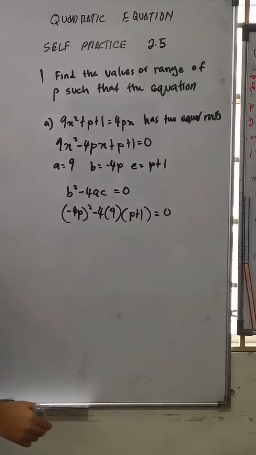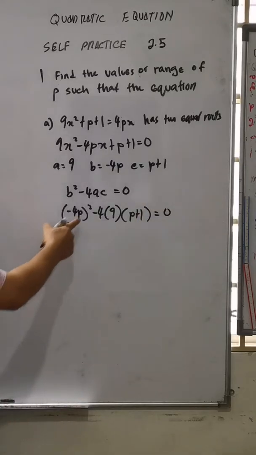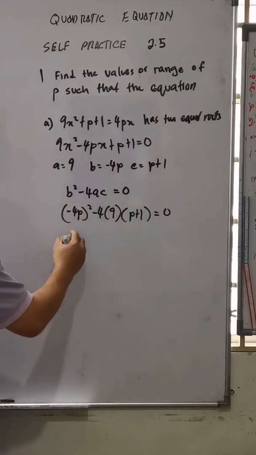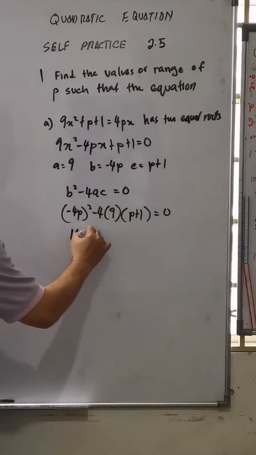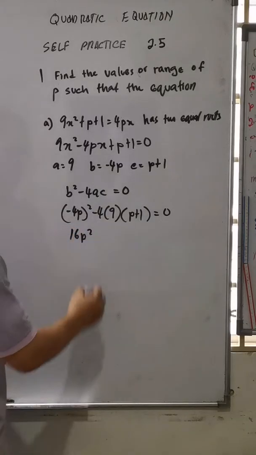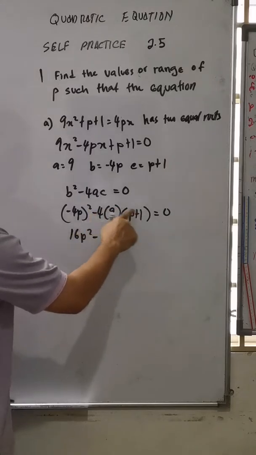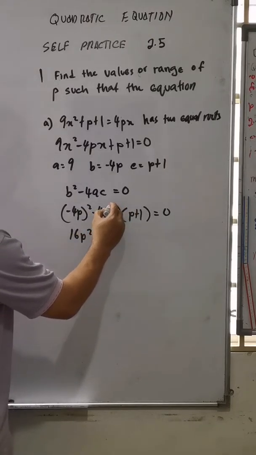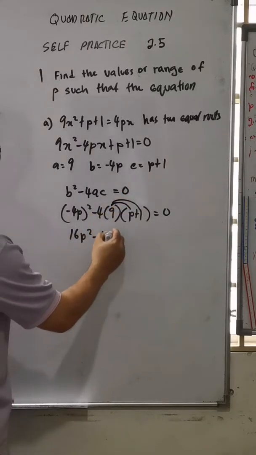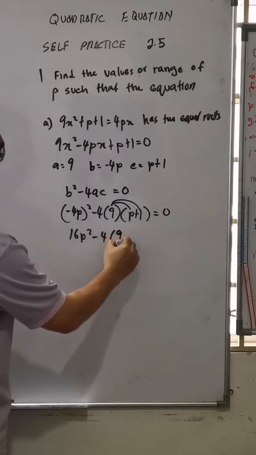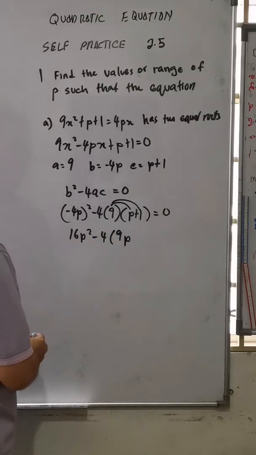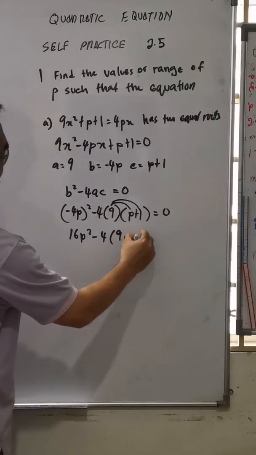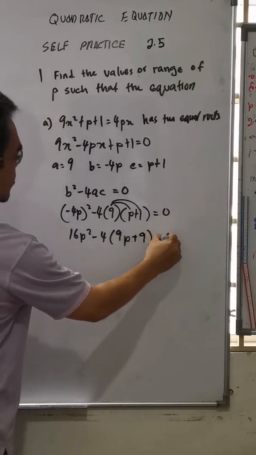equals 0. Okay, so negative 4p times negative 4p will be 16p squared. Minus 4. For this one, I prefer to multiply the back part first. Here you get 9p plus 9 equal to 0.